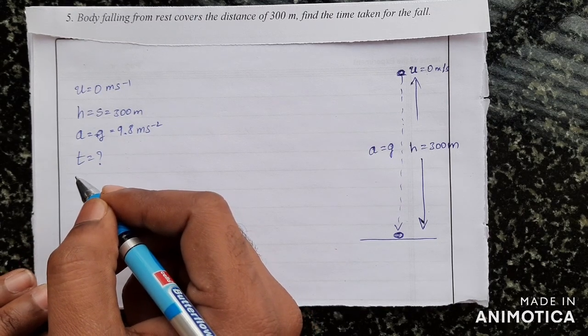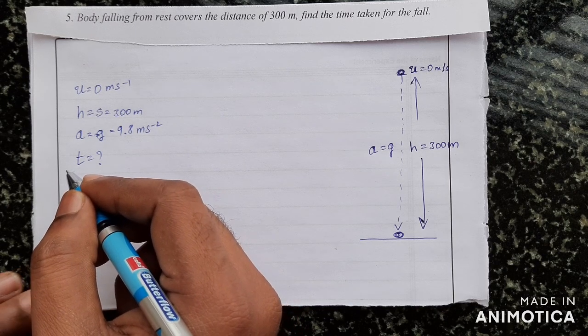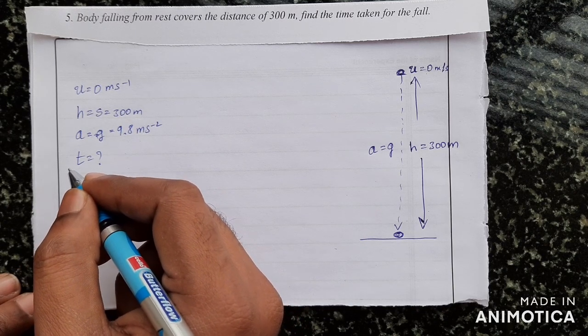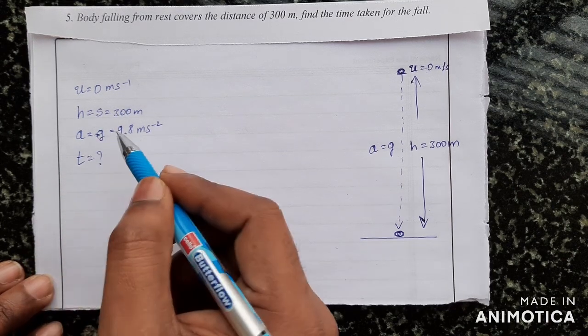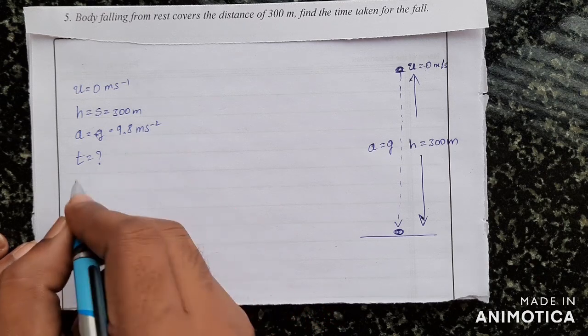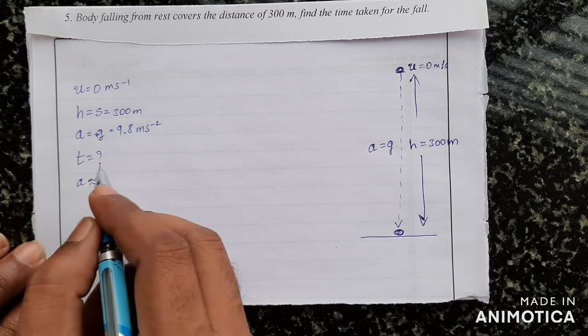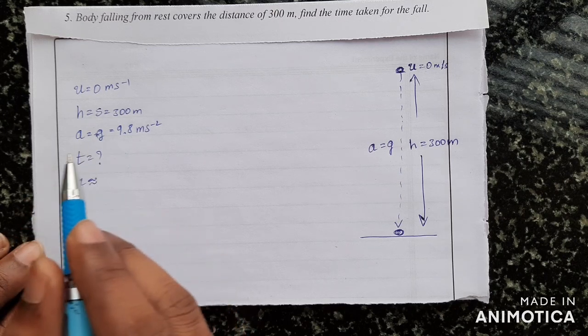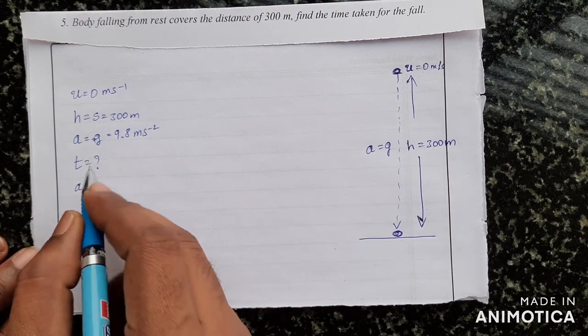See, this is a question where we will get a quadratic equation, and in order to solve it easily, I'll consider this g value as 10 meters per second squared instead of 9.8. So a is nearly equal to, not exactly 10 meters per second squared, but for numerical convenience I am considering it as 10.